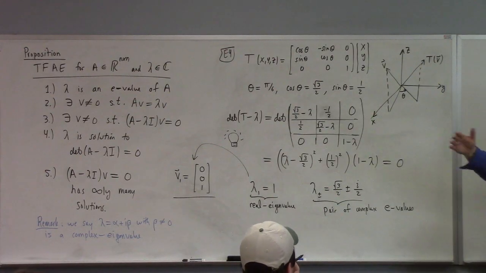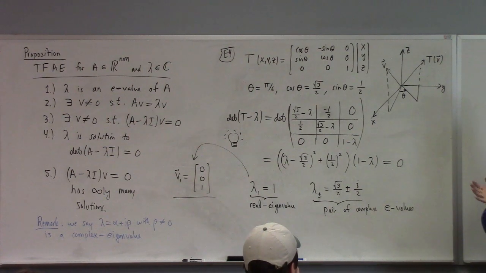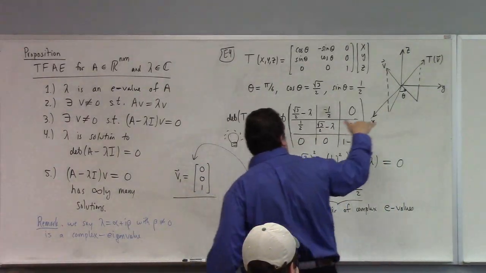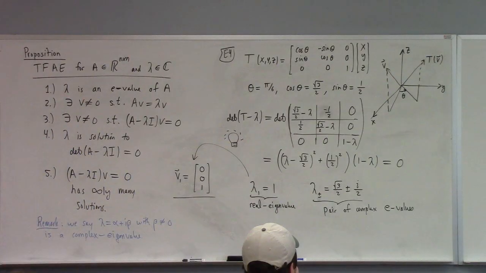Well, it can also be a shrinking or a stretching, but with respect to some plane, and a rotation around the axis of that plane is what it means. And that's already present in this example. The plane in question here is the xy plane. So the complex eigenvectors are going to have no z component, and they're going to have an x and a y component in this problem.